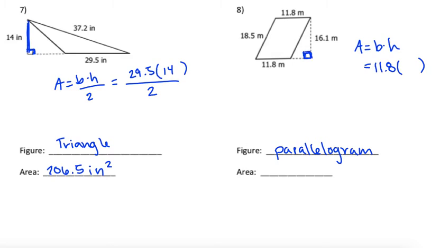Again, I'm looking for that perpendicular height that would tell me the distance from base to base, no matter where I dragged it across. Base to base, here's my height. So when I put this in here, I'm going to use 16.1 as my height of this parallelogram. Multiply those together and I get 189.98. And my units are going to be meters squared.